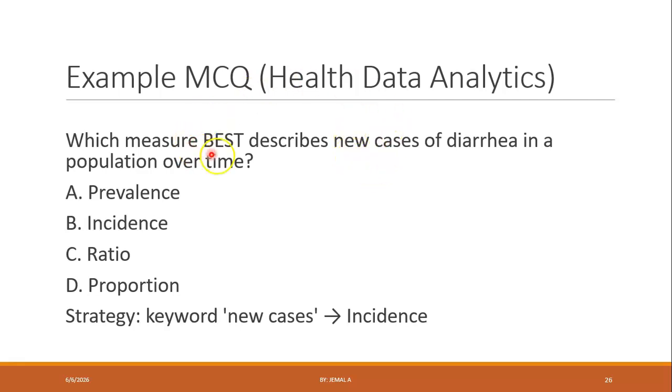The directive is best. Then I have to take these two and link them with the time dimension. This clearly brings me to incidence. So the correct answer is B, incidence.